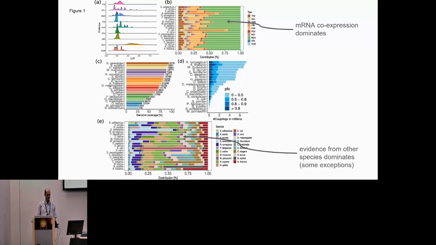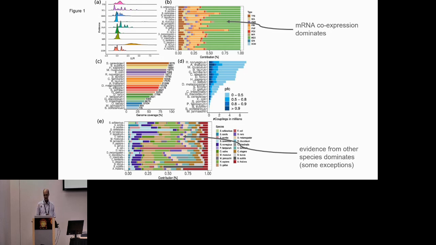And if you look at what species the evidence came from, in panel E here, it's mostly coming from other species via orthology transfer. There are some exceptions, where some species are more based on their own data, but there is extensive transfer of information between species.